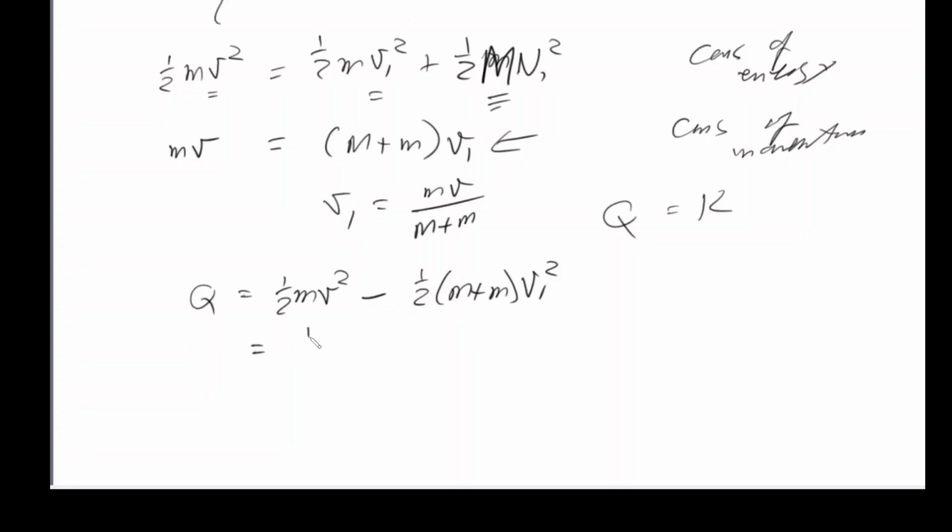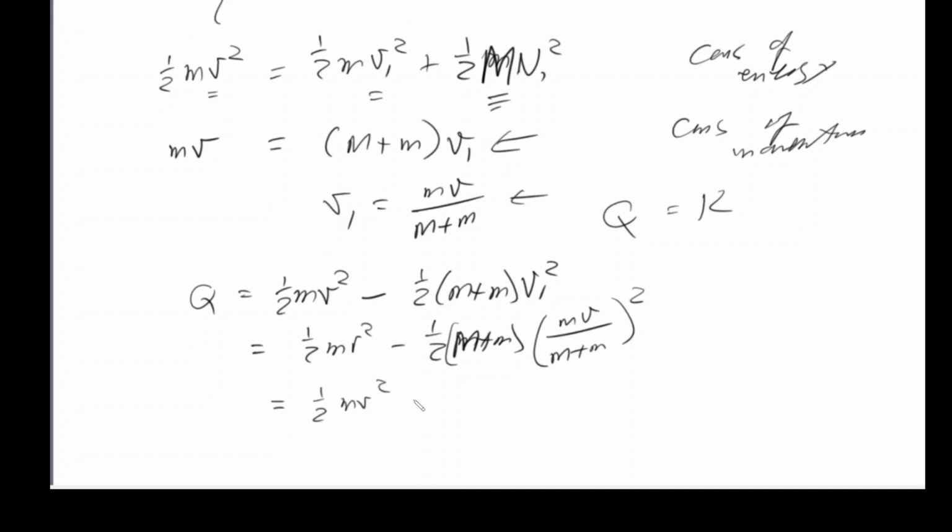So that becomes 1/2 mv squared minus 1/2 big M plus little m times v1 squared, which we found up here. So this is little m over v times big M plus m squared, which becomes 1/2 mv squared minus 1/2 big M plus little m times m squared v squared over big M plus little m squared.